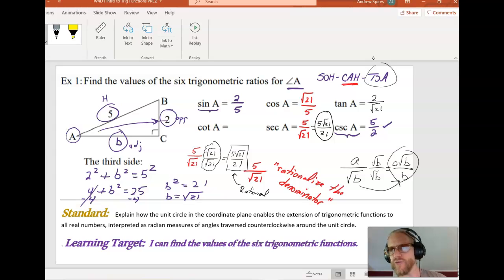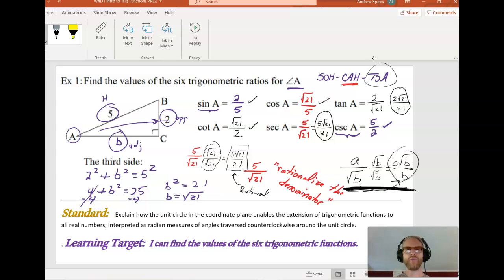So I'm going to take 2 over the square root of 21, and I'm going to find the reciprocal, which is the square root of 21 over 2, and that's done. Anytime the number on the bottom is a whole number, you are good to go. But 2 over root 21, I'm going to apply this shortcut, and I'm going to write 2 root 21 over 21, final answer.